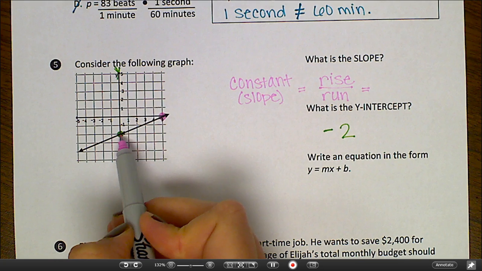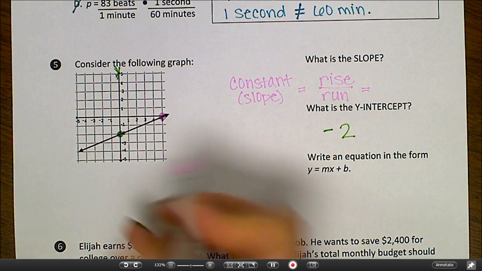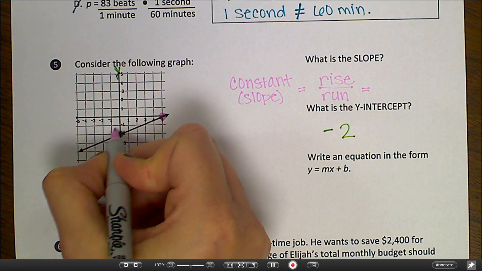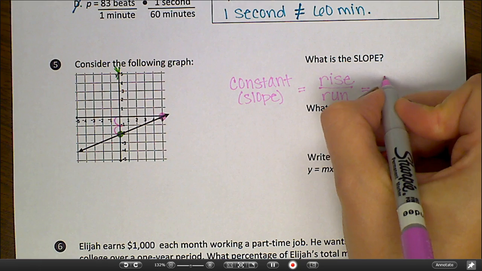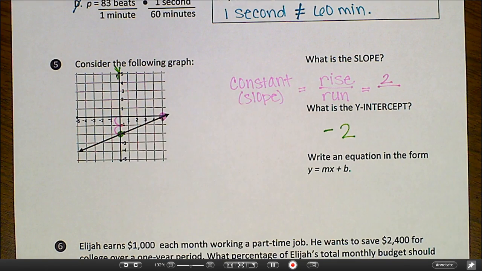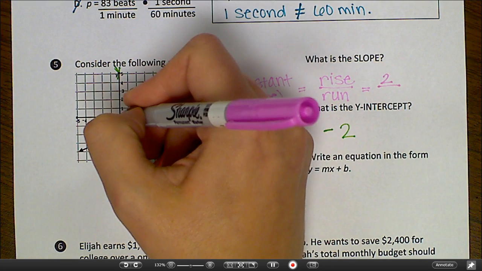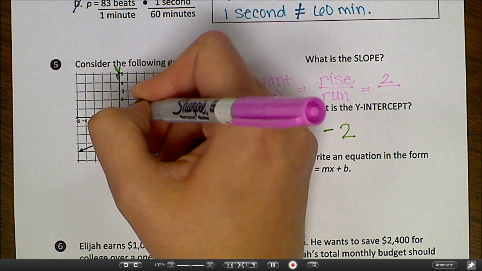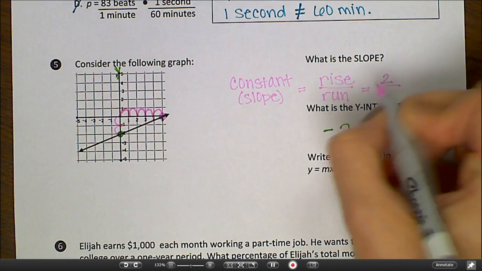So I'm basically on a trip from here to here. So my rise is 1, 2. So I rise 2, so that's positive 2. If I had had to go down, it would have been negative 2, but we don't want to worry about that because this one's positive. And then I'm going to the right, so positive again, 1, 2, 3, 4, 5.